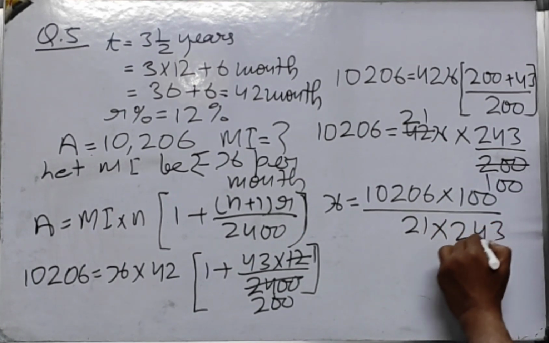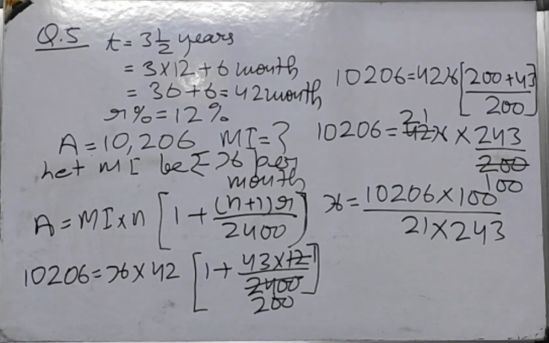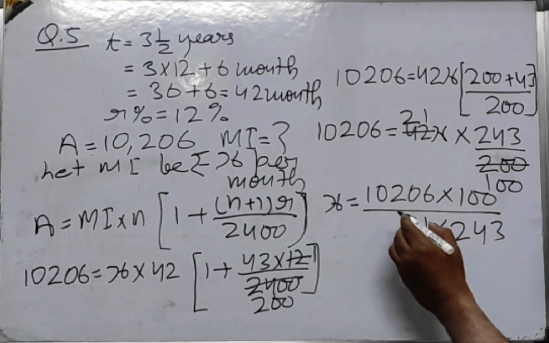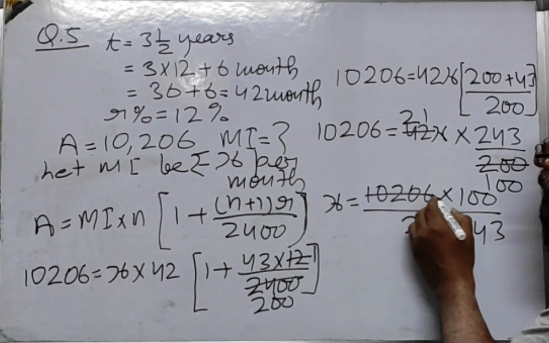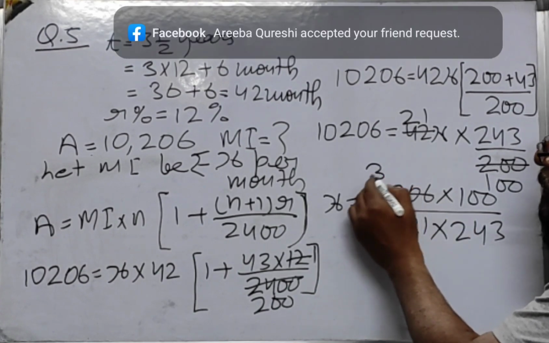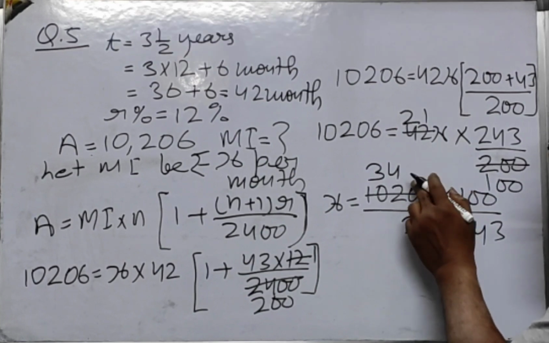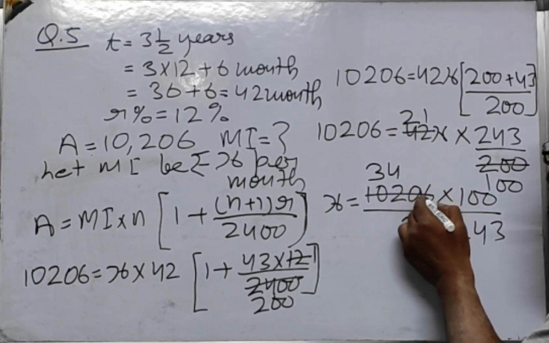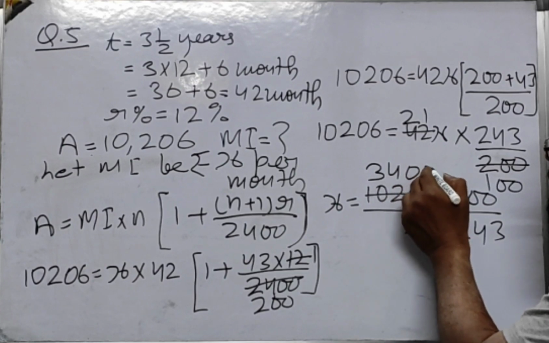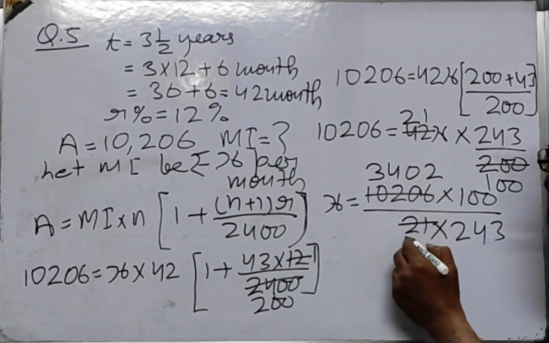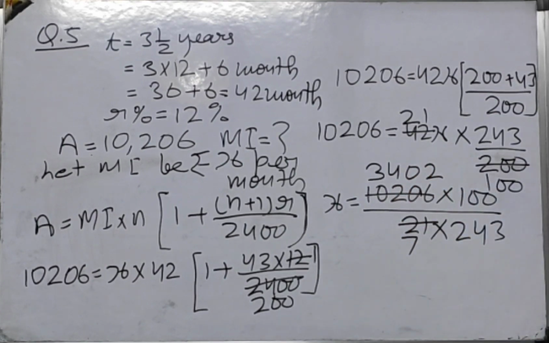Is it okay? 3 3s are 9, 3 4s are 12. It is divisible by 3. 3 3s are 9, 3 4s are 12, 3 2s are 6, 3 7s are 21.